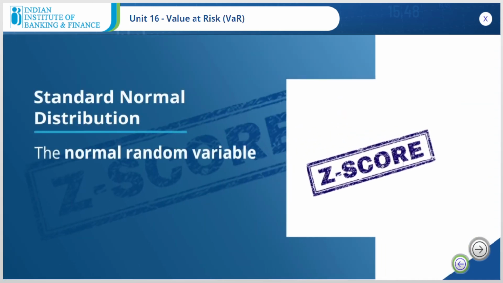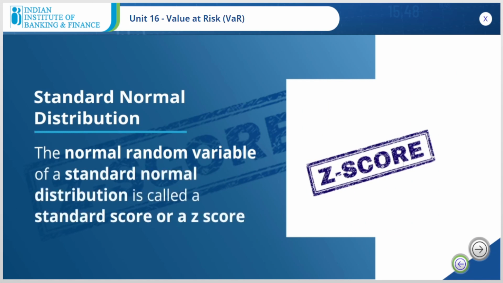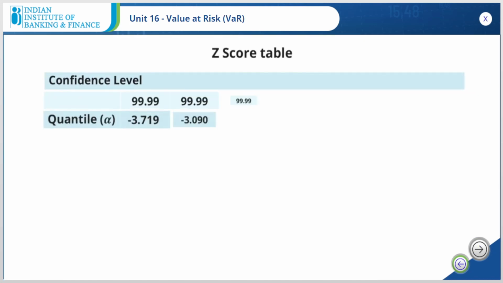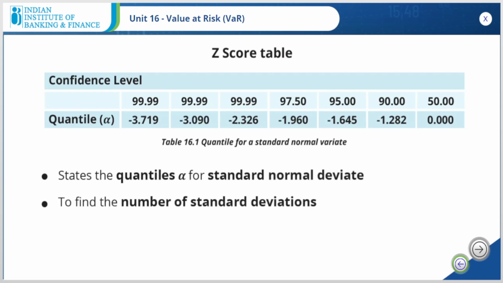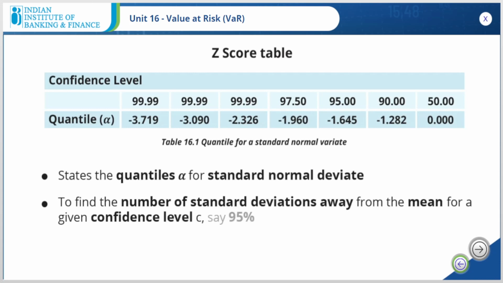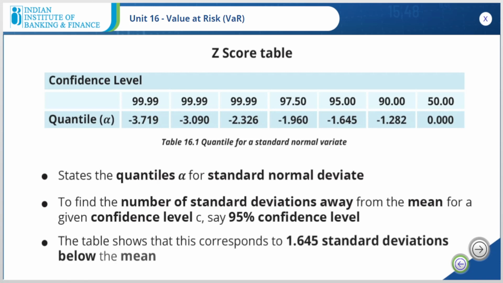The normal random variable of a standard normal distribution is called a standard score or a z-score. The above table, for instance, states the quantiles alpha for the standard normal deviate. To find the number of standard deviations away from the mean for a given confidence level C, say 95% confidence level, the table shows that this corresponds to 1.645 standard deviations below the mean.